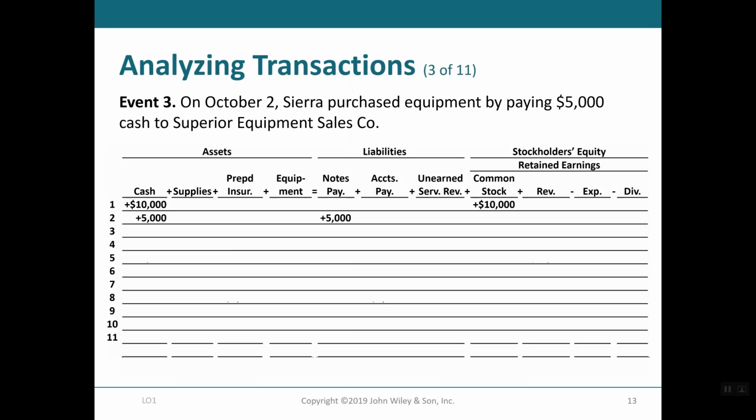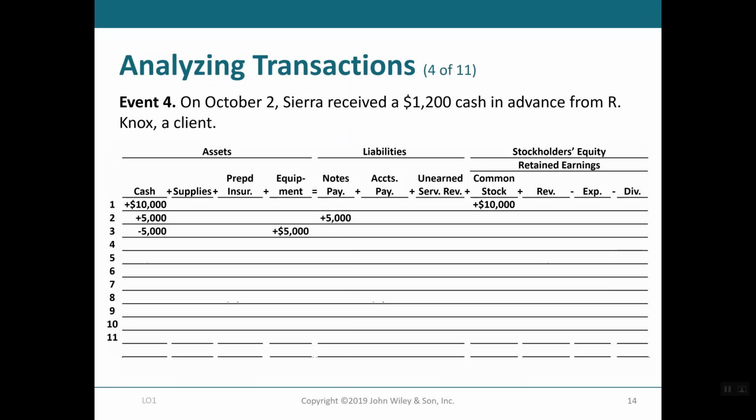So in this case, we have a reduction in one asset and an increase in another asset, because I paid cash, which is one asset, and I bought equipment, which is also an asset.